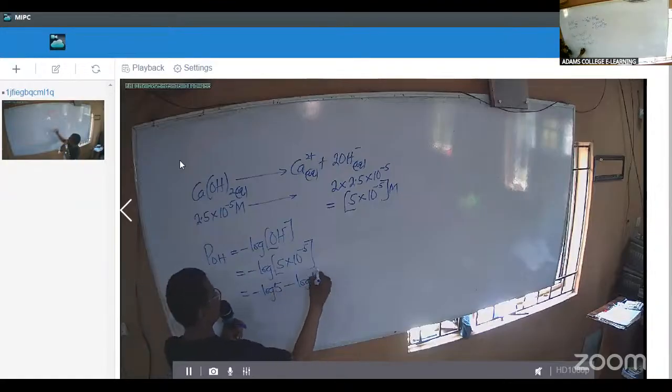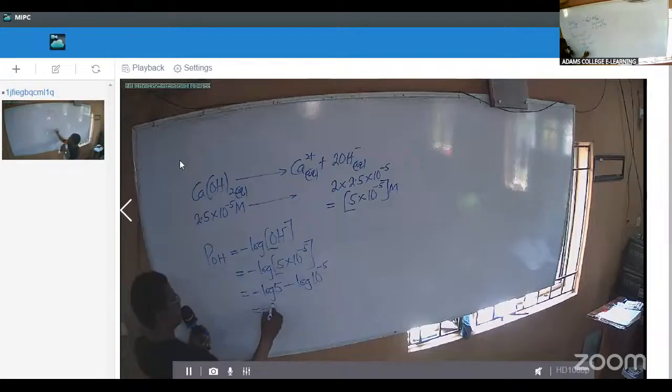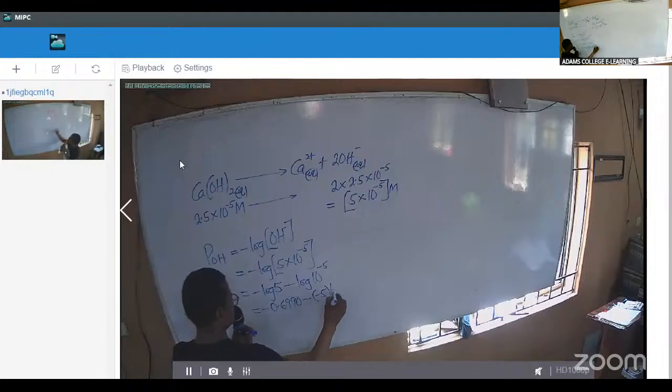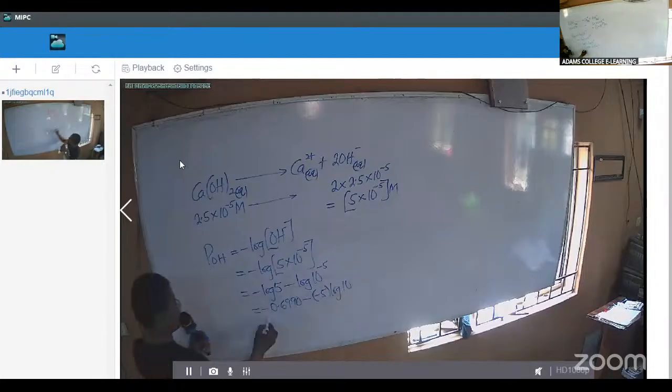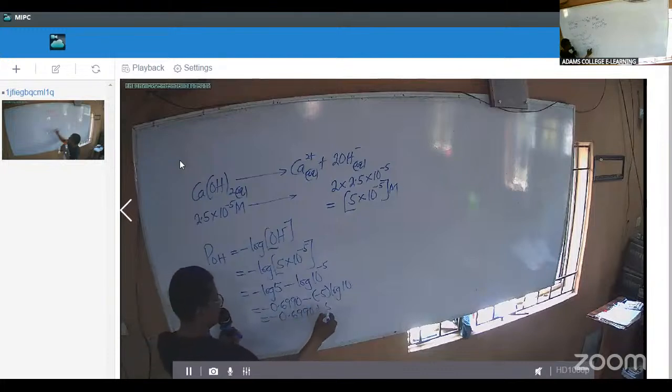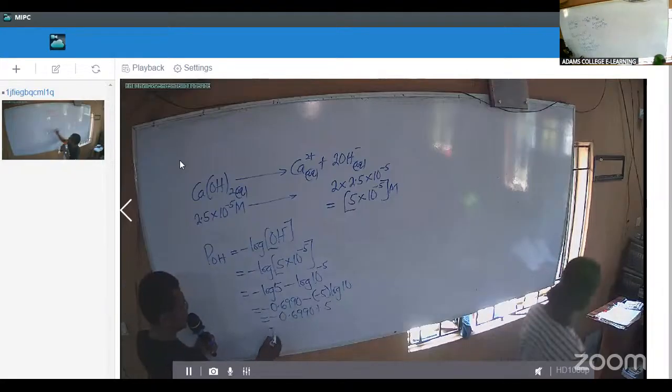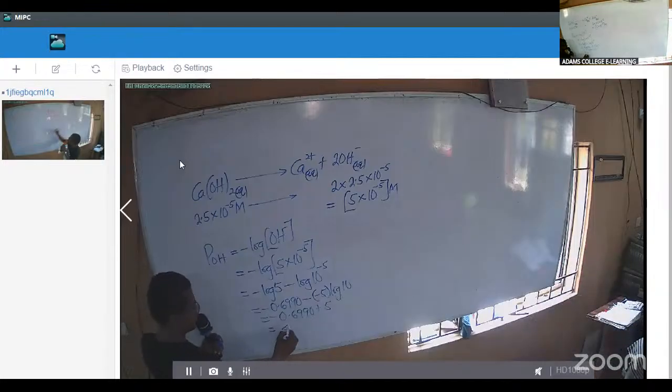Log 5 is 0.6990, I think. Minus 5 log 10. In maths class, what is log 10? 1. So that'll be 5. Is log 5 0.6990? Good. So what does that give us? 4.301. That's pOH.